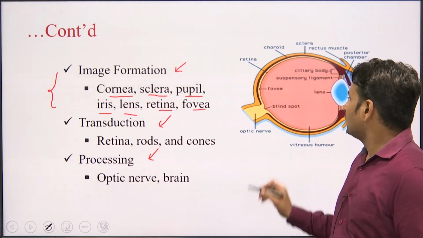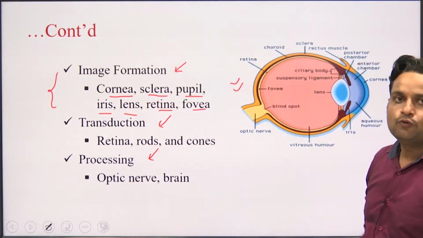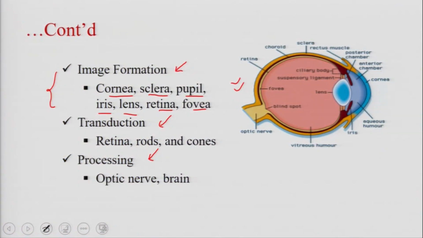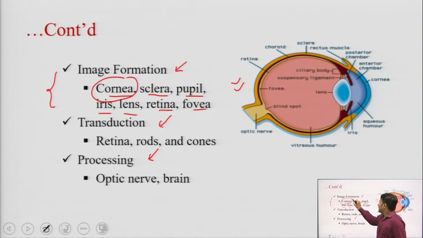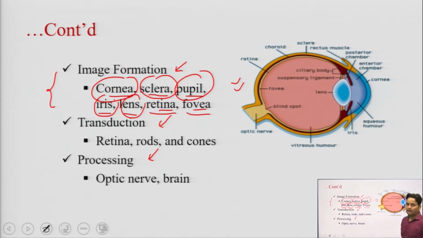Now, see, this is the complete diagram of the human eye. Cornea, sclera, pupil, iris, lens, retina and fovea. These parts are responsible for your image formation.